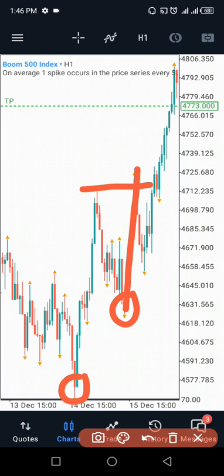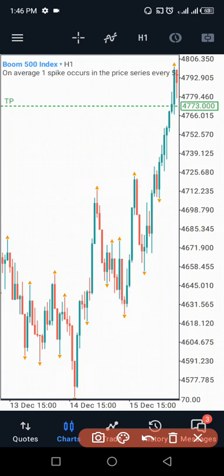After market has done that, it has confirmed to us that we have a trend line here. Now this trend line here signals to us that market is in an upward movement.